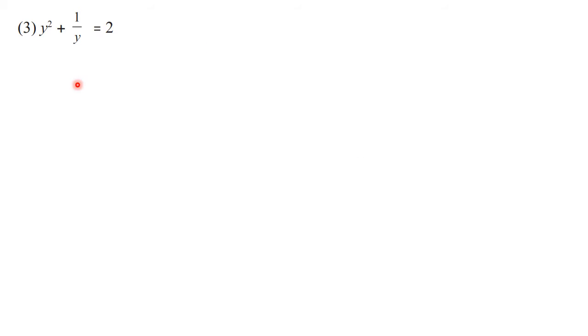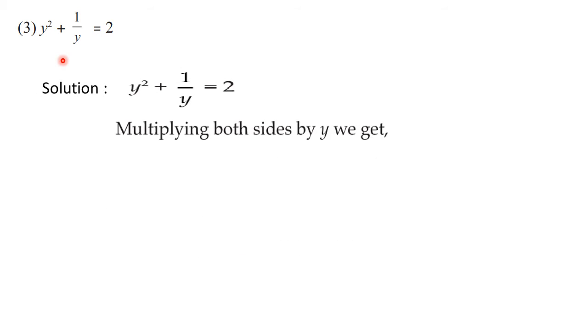Okay, so third one, as I have said, let us see the equation now. See, here I don't want this y in denominator, so I am going to multiply by y on both the sides. So when I am multiplying here, here I will get y cube, here I will get plus 1, and here I will get 2y. And when we write it properly, we will get it like this: y cube minus 2y plus 1 is equal to 0.